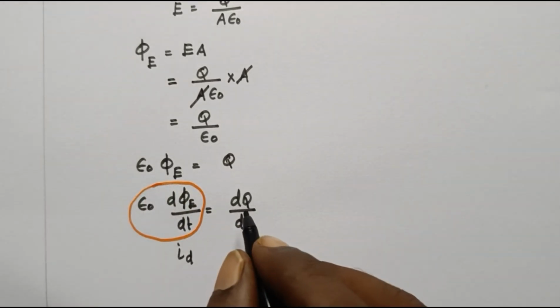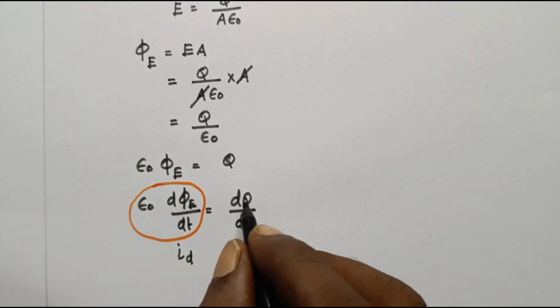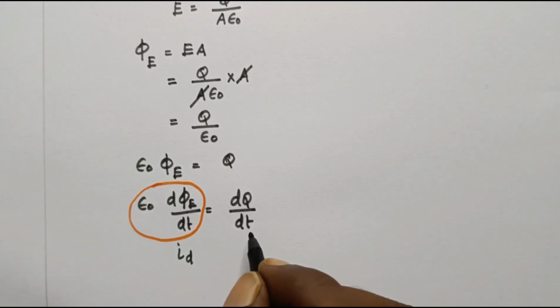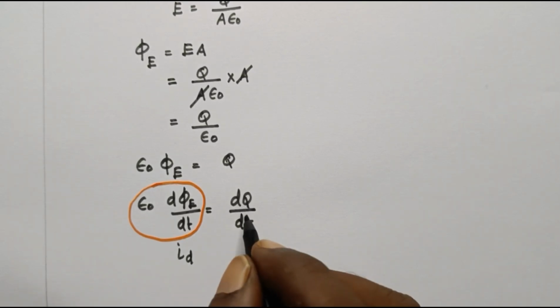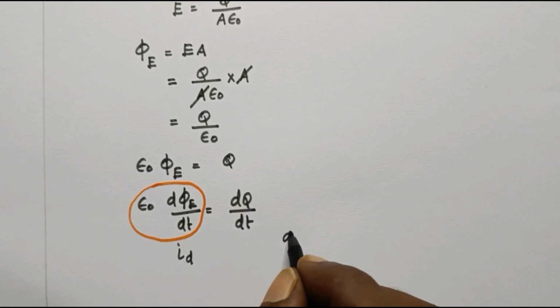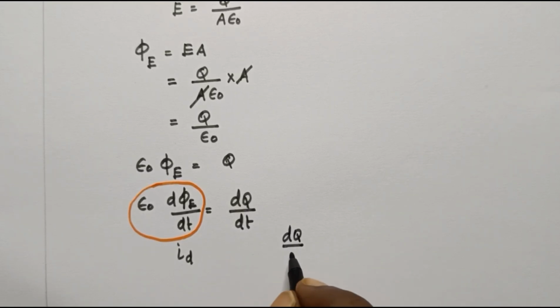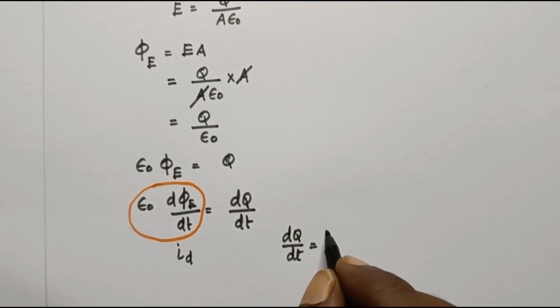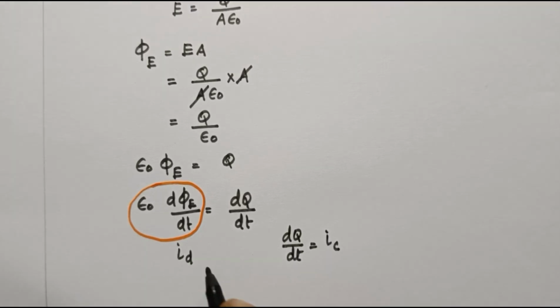On the right hand side, we are having dq by dt. We know that dq by dt is the rate of flow of charge. Rate of flow of charge is the charging current. That is, dq by dt is nothing but the charging current or the conduction current. This is equal to I suffix C.